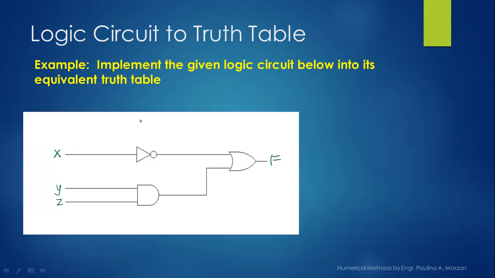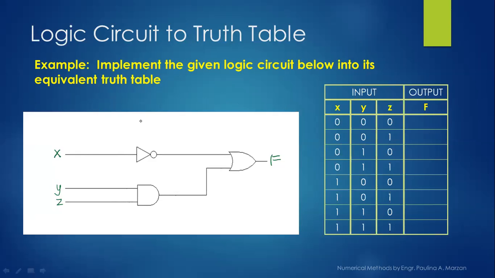So just the same, plot the truth table, specify all of the possible combinations of the input variables, and substitute each of the combinations of our inputs to the given logic circuit and simulate it, then we will be able to get the value of f.